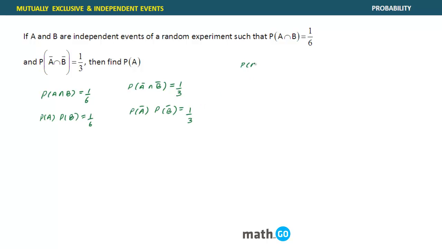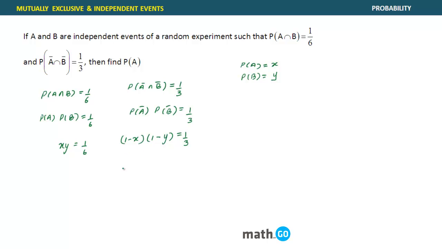Now I guess this is a pretty simple and straightforward question. Let P(A) be x and let P(B) be y. So xy is equal to 1 by 6, and the other value becomes (1 minus x) into (1 minus y) is equal to 1 by 3. So in fact it is basically a system of equations in two variables.